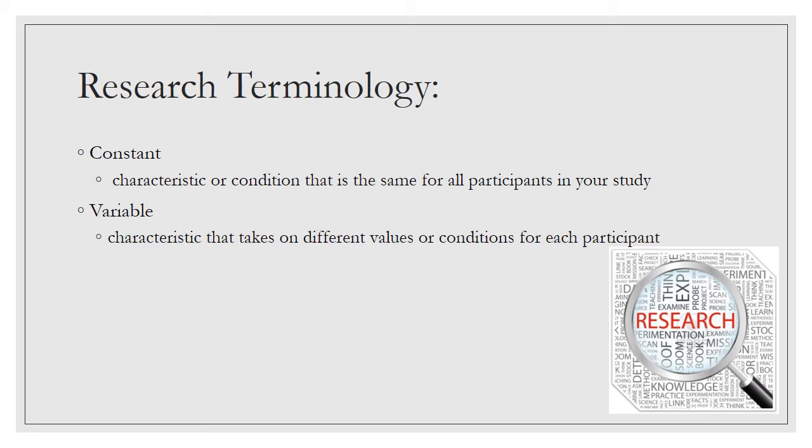Variables are characteristics that take on different values or conditions for each participant. So we might think of things as simple as height and weight, test scores, mathematical ability, a measure of an optimistic mindset, gender, or what school you attend.